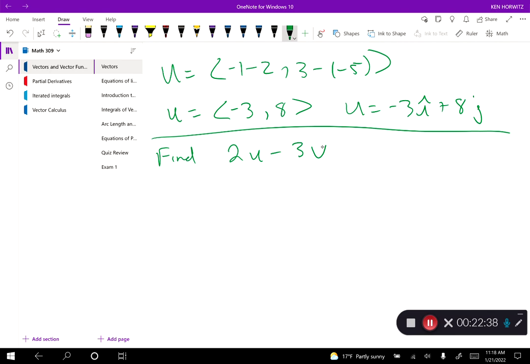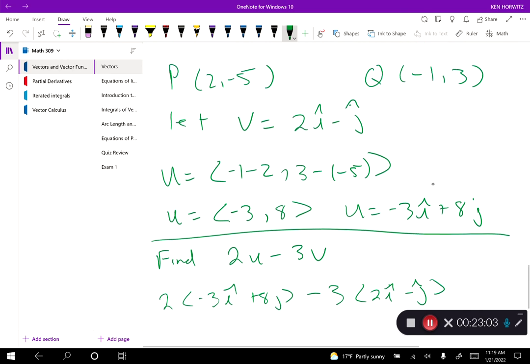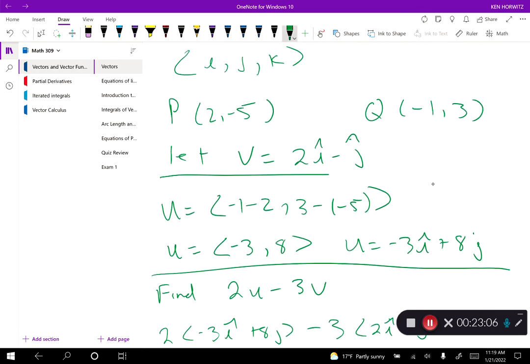Well, u is -3i plus 8j, so I have 2 times -3i plus 8j. And I'm going to subtract that from 3v, and v was 2i minus j. And I knew that because that was in my problem, right? I stated that as a given.